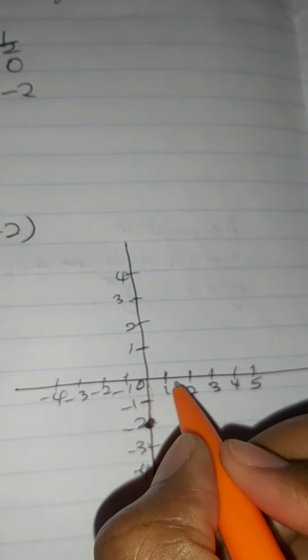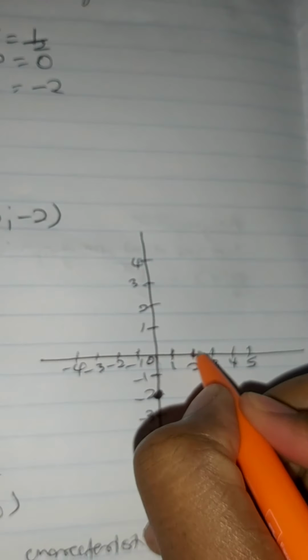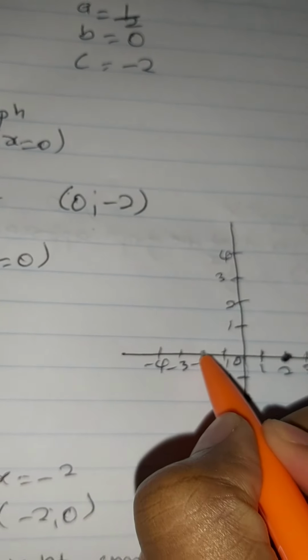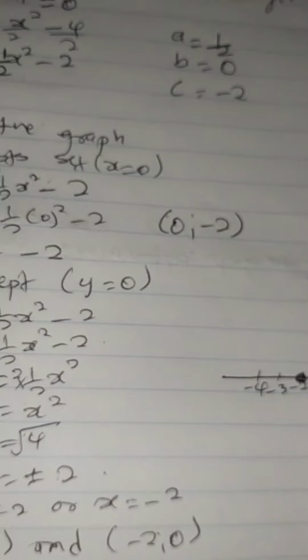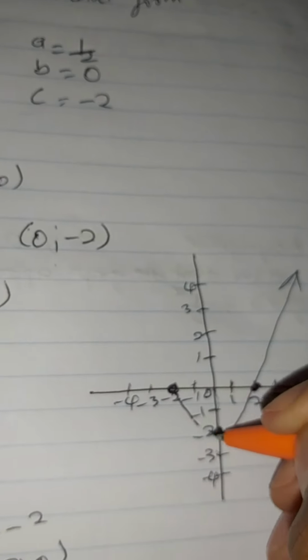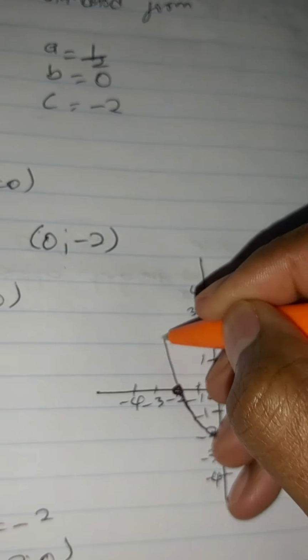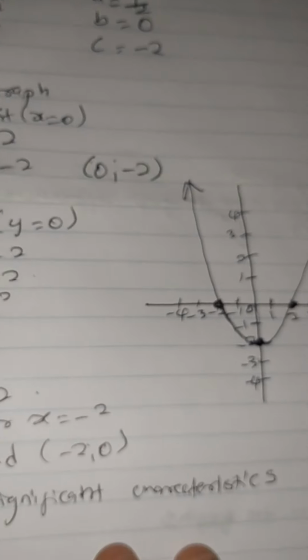So on the graph, 2 and 0. 2 is x, 0 is y. Minus 2 and 0. Minus 2 is x, and 0 is y. So that's the other point. Then there we have our graph. There is our parabolic graph.